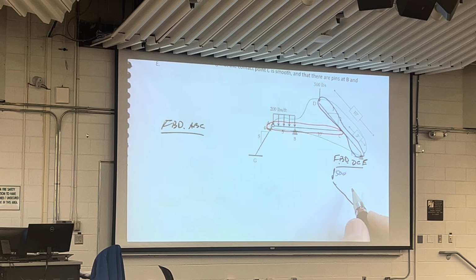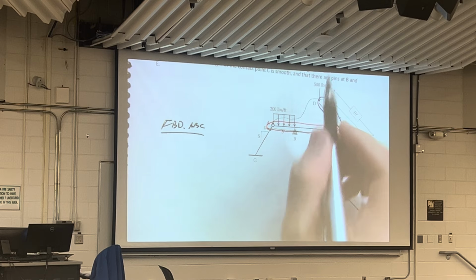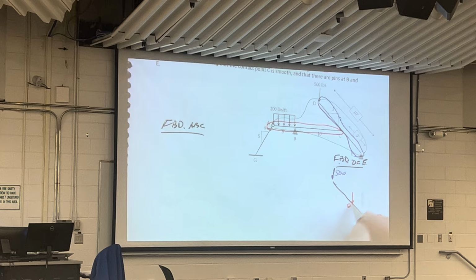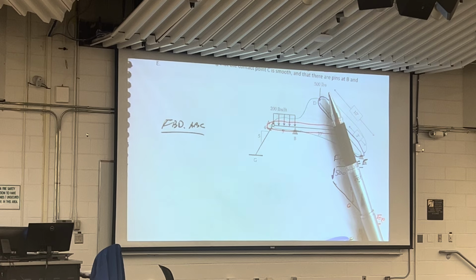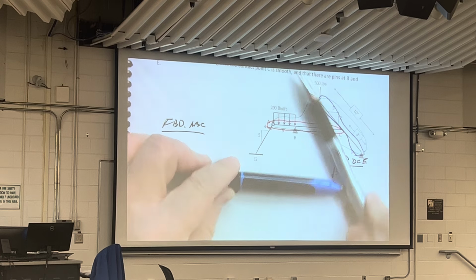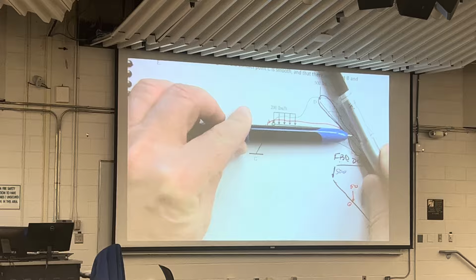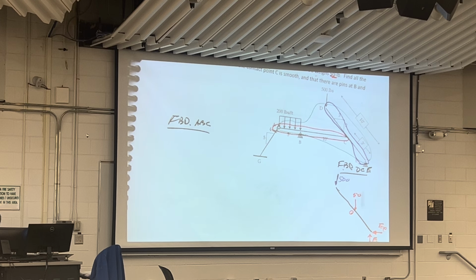It says bar AC weighs 100 pounds, bar DE weighs 50 pounds. So I will have a 50 pounds at G. And since this is sitting on top of there, that point is pushing up, and this thing is pushing down on it, I should have some sort of force perpendicular here that I'm going to call FC.